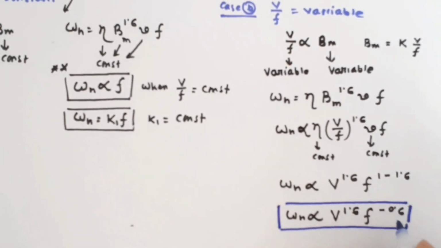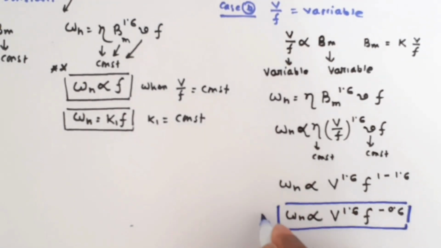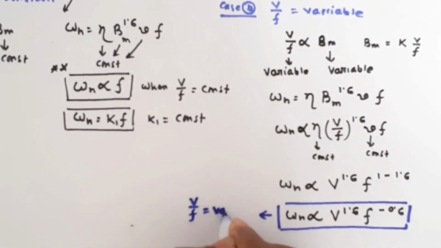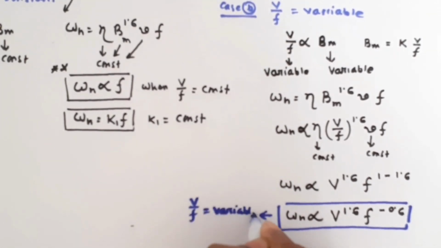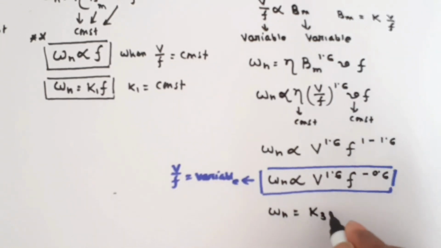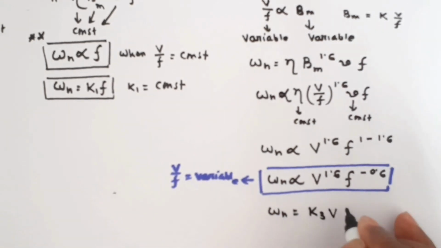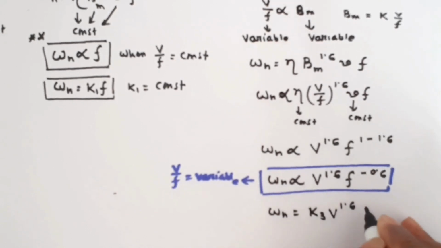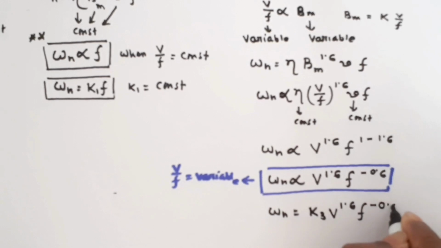Have to remember, this is applicable when V by F is variable, not constant. Therefore, we can write the hysteresis loss W of H equal to some constant K3 into supply voltage power 1.6 into supply frequency F power minus 0.6.